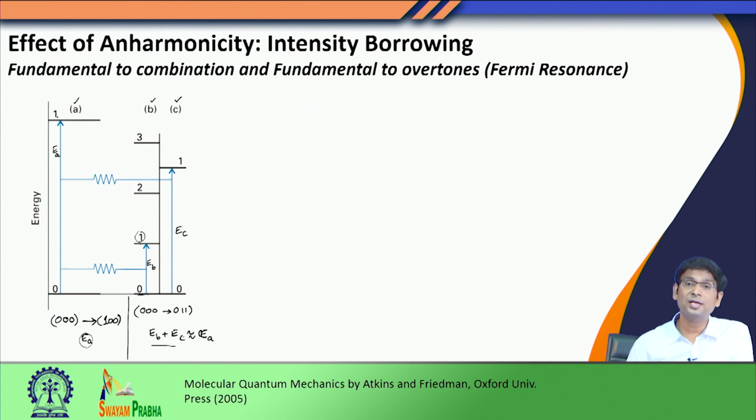The combination band should ideally have low intensity, but in this case, because it borrows intensity from a fundamental transition that occurs at the same energy, the intensity of this combination band suddenly increases. When we see such an effect, we know that mechanical anharmonicity is at play.